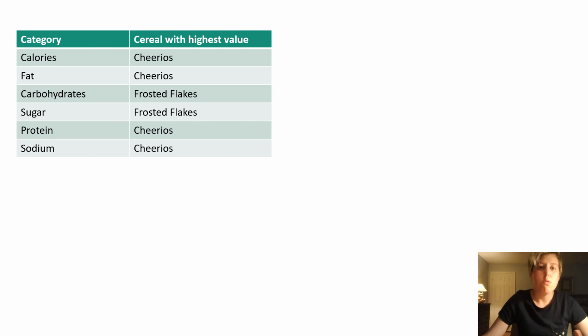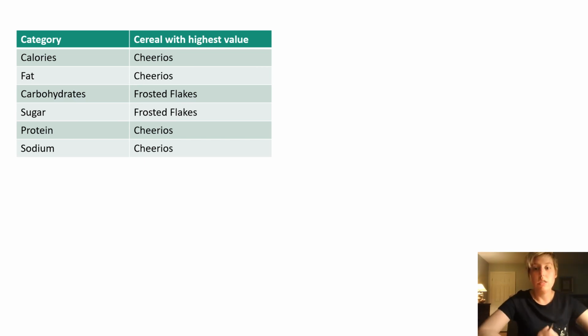Now, when you're looking at all of these numbers together, deciding what would be the best food to get depends on what the question is. If the question was which food had the lowest amount of calories, based on your calculation, the answer would be Frosted Flakes.